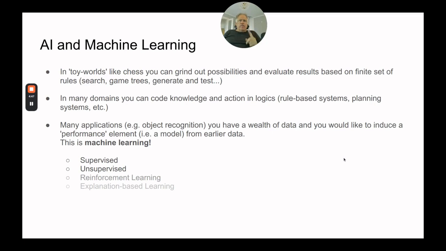They learn from one event, and that one event changes their performance element. They don't need a whole bunch of cases of that. They form an explanation in their mind about why something happened, and based on that they induce knowledge that they use later in the performance element. We'll talk a little bit about that later in the course. It's an interesting area, and I think it's been overlooked.